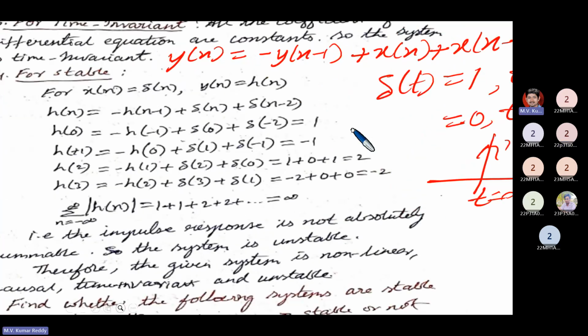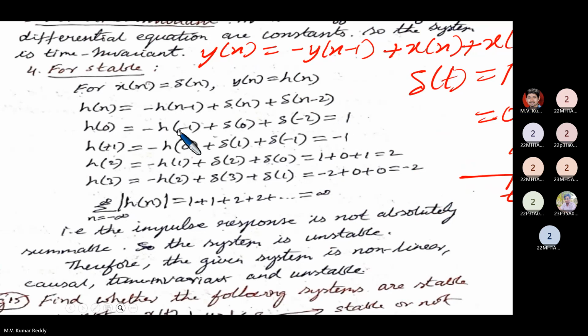Now h of minus 1. Previously do we have any value of h of minus 1? Previously there is no value, so this value is 0. Next, plus delta of 0. Now delta of 0 is equal to 1, so we put this value 1. So 0 plus 1 plus delta of minus 2.